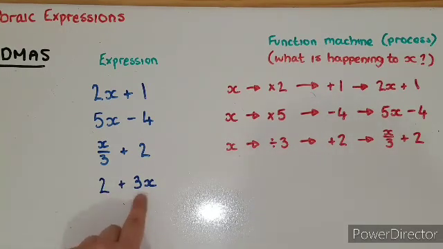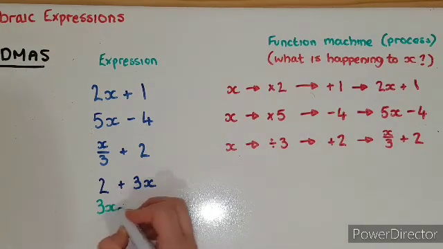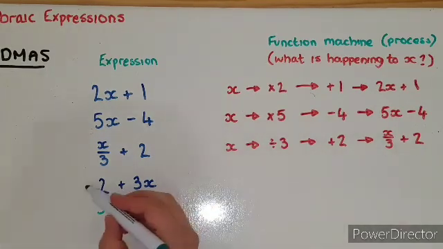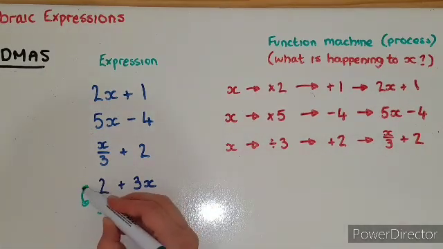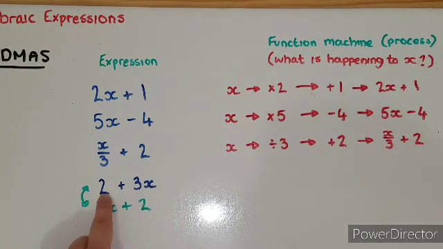So although I've written them in a different order, it doesn't actually change anything. I could rewrite it as 3x plus 2 if I want to. So those two mean the same thing. Okay, so the fact I've written a different order, still I need to look at the expression, say I've got a multiply and I've got an addition, so I do it in that order.